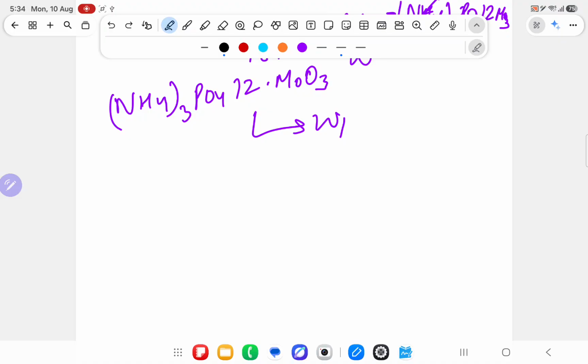Dumas method: (P minus P1) into V1 by T1 equals P2 V2 by T2. After getting V2, percentage of nitrogen is 28 by 22400 into volume in milliliter by W into 100.